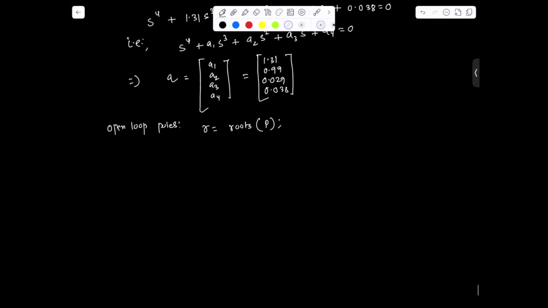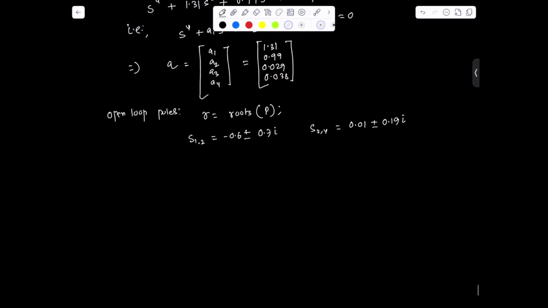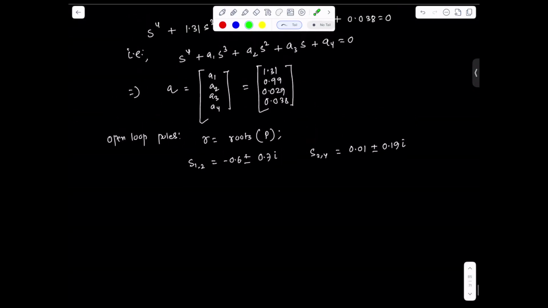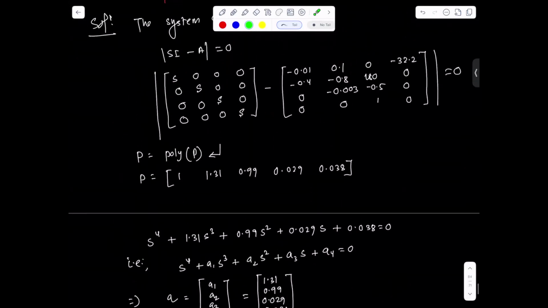And from this, we can find s1,2 equal to minus 0.6 plus minus 0.7i and s3,4 equal to 0.01 plus minus 0.195i. This is quite obvious from these poles: this part is basically the short period and this is basically the long period motion, right? So these are the poles of the original system A matrix.